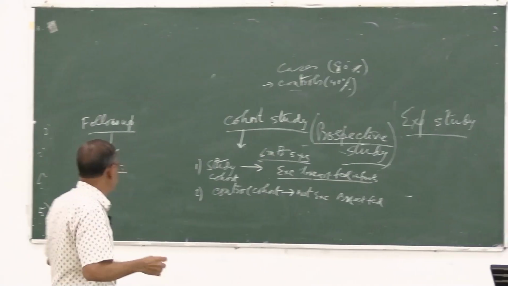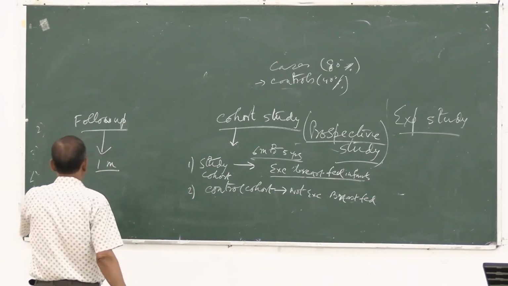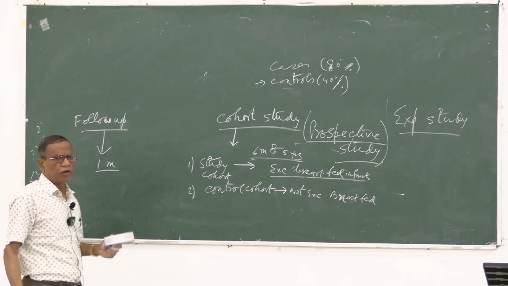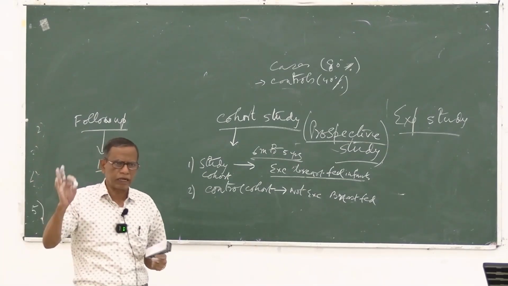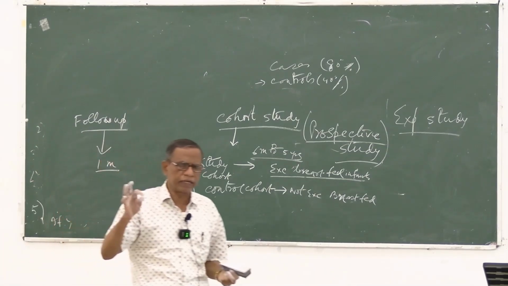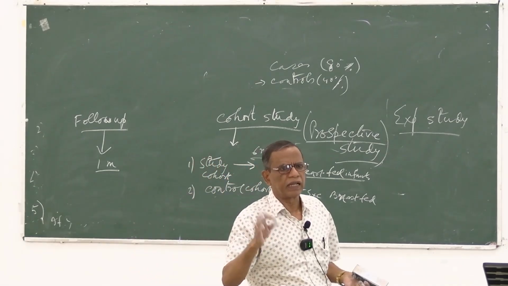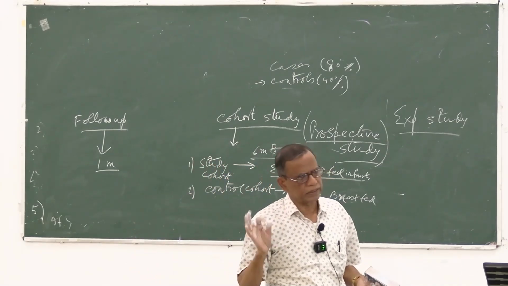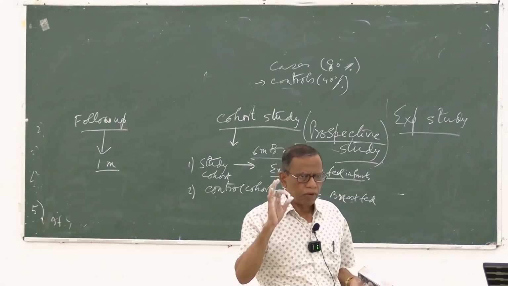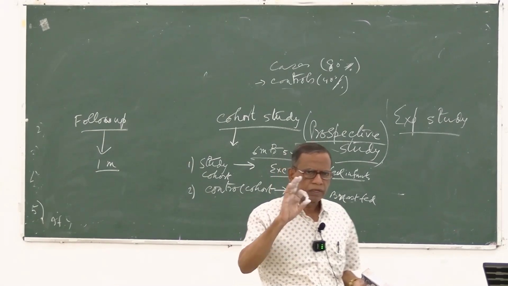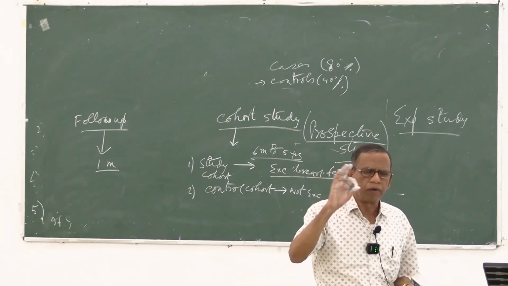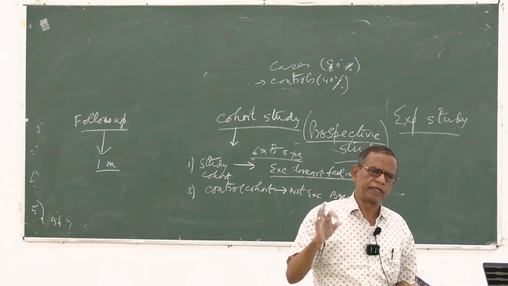So, after 1 month, you will ask the mother whether your child has suffered from ARI or diarrhea in the last 15 days, whether your child suffered from any major illness. If yes, what type of illness, and you write down how many infants suffered from illness.